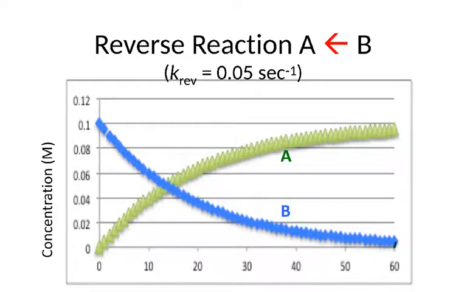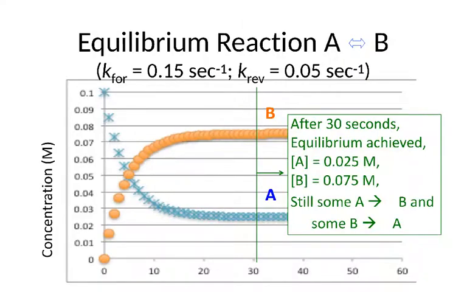So we've set a reverse k value of 0.05 per second. So it's happening slower than the forward reaction, but still happening.